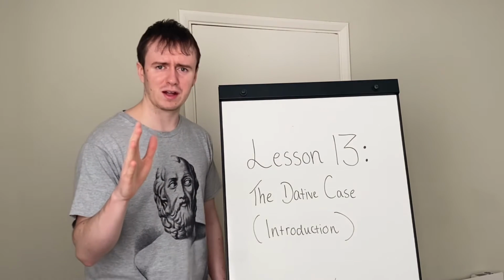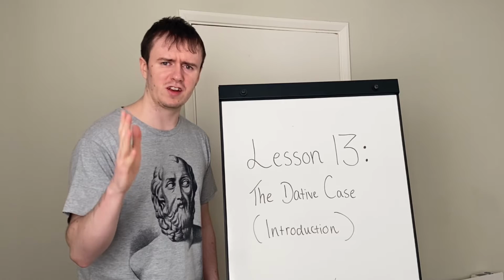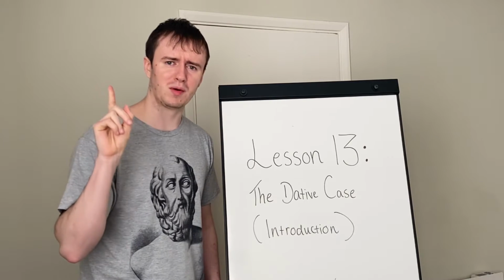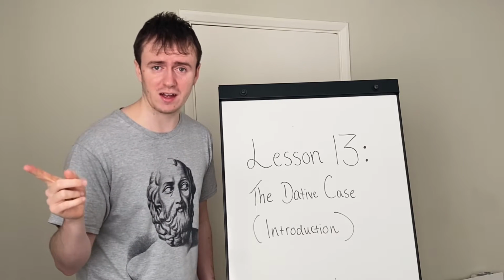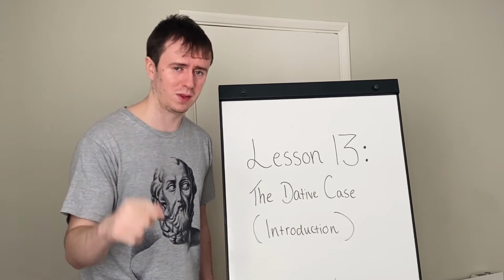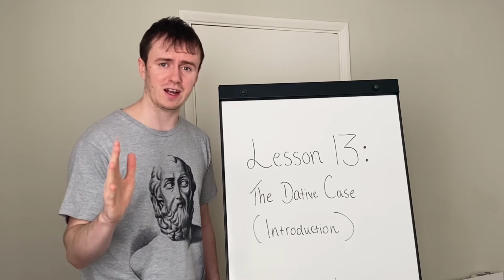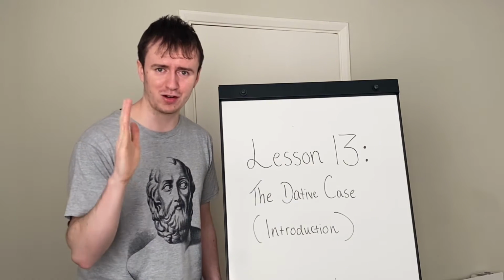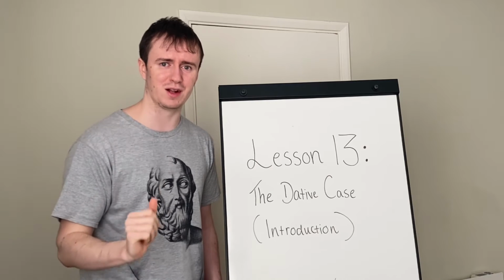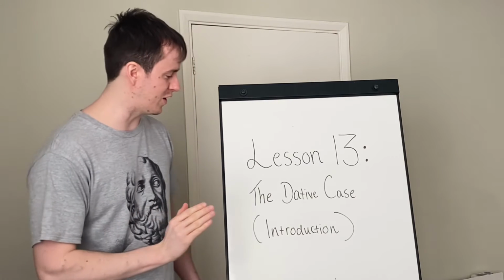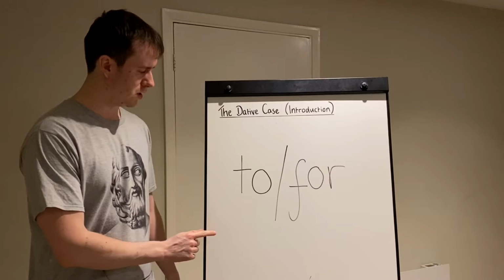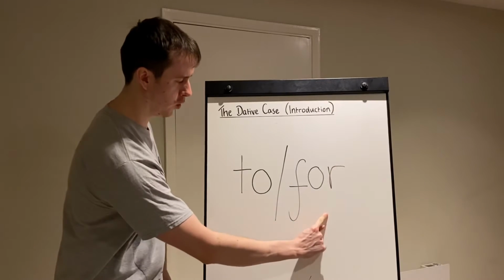And let me start by saying that when I taught you about the genitive case, I told you to remember one word, and with the genitive case, that word was "of". Now, with the dative case, I'm asking you to remember two words in order to remember its basic meaning. And those two words are "to" and "for".